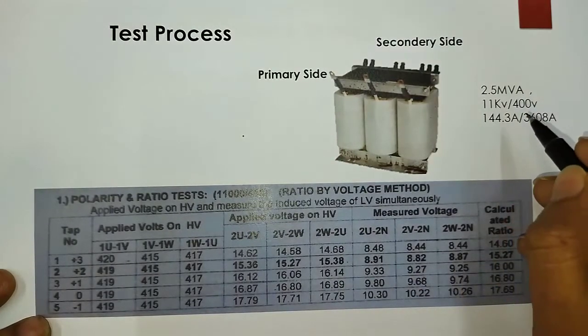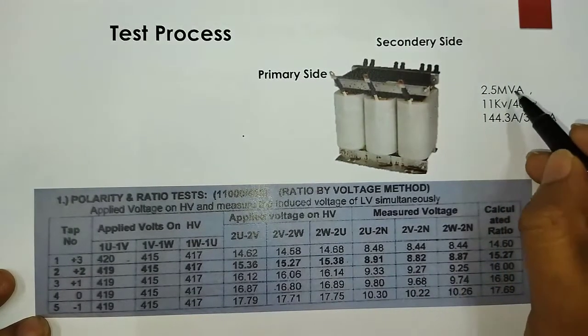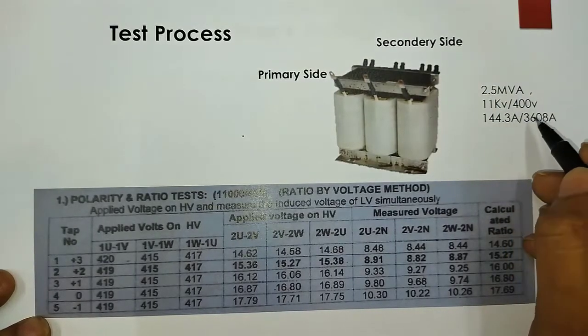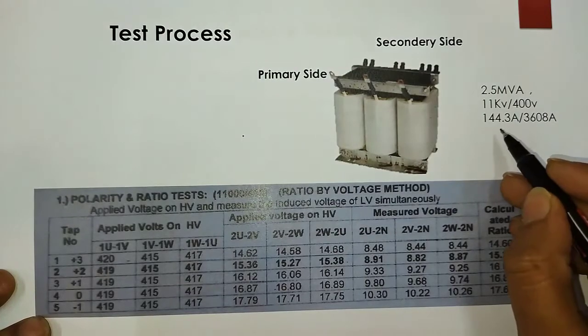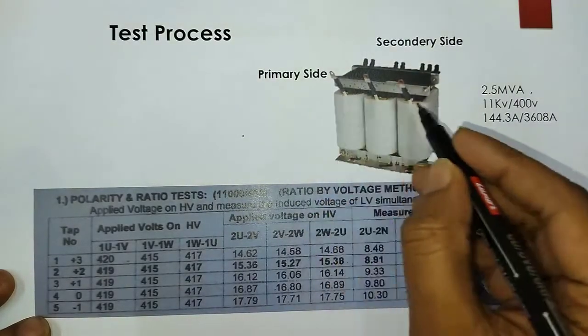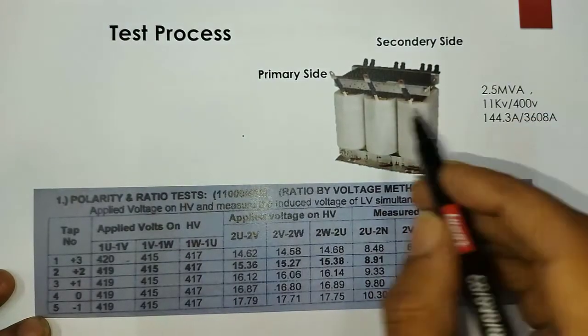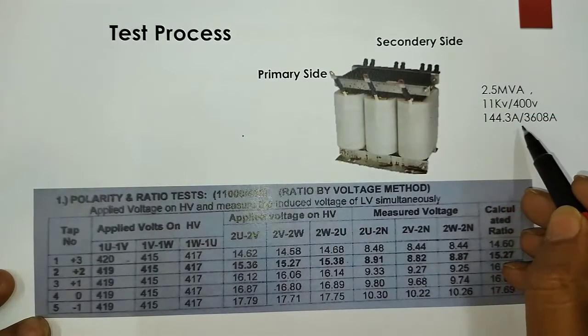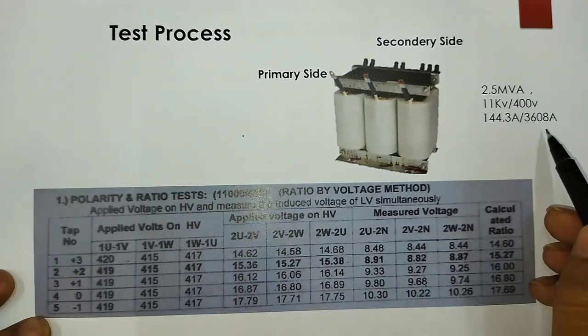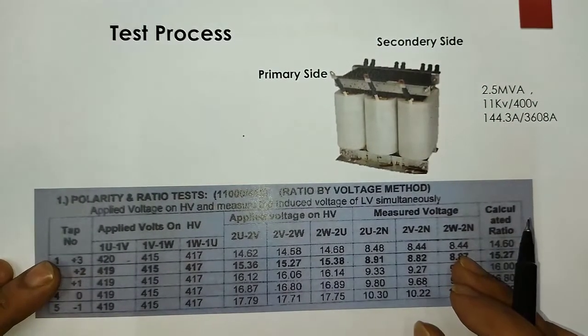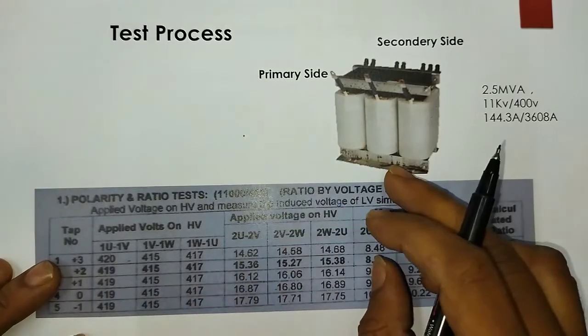We took a transformer whose rating was 2.5 MVA, 11 kV input and 400 volt output. This is the primary side and this is the secondary side. Primary side current rating is 144.3 ampere, and secondary side is 3608 ampere. So what is the process to identify that now? I'll explain this now.